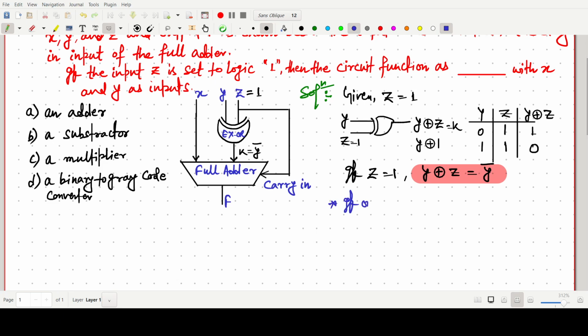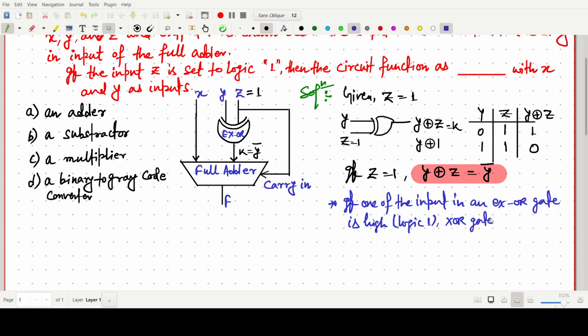If one of the inputs in an XOR gate is high, or logic 1, the XOR gate behaves like a NOT gate, so there is a complement.